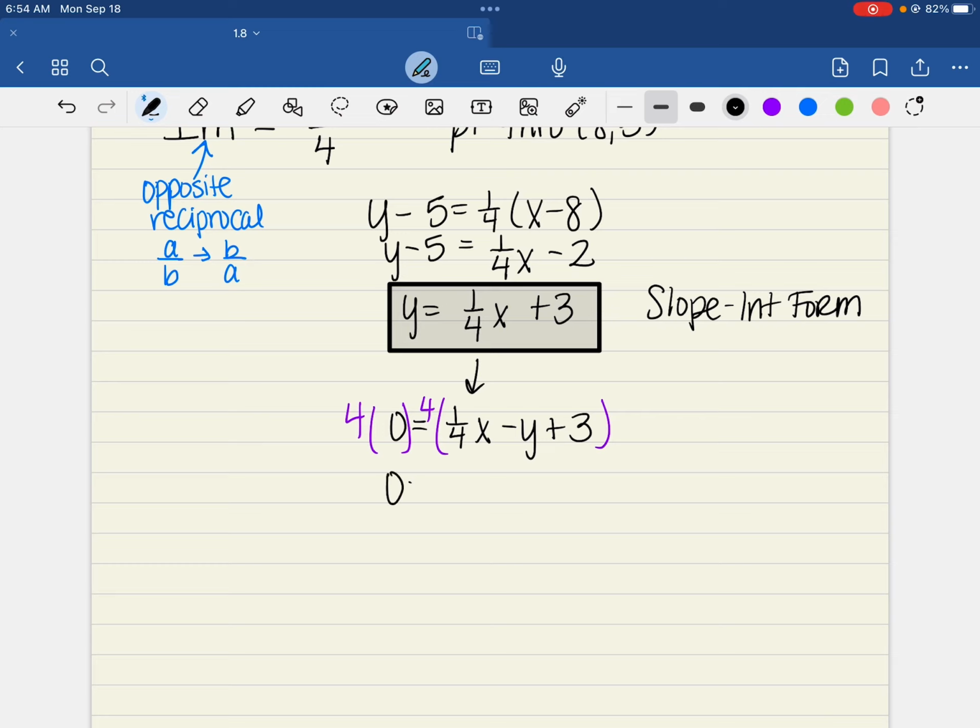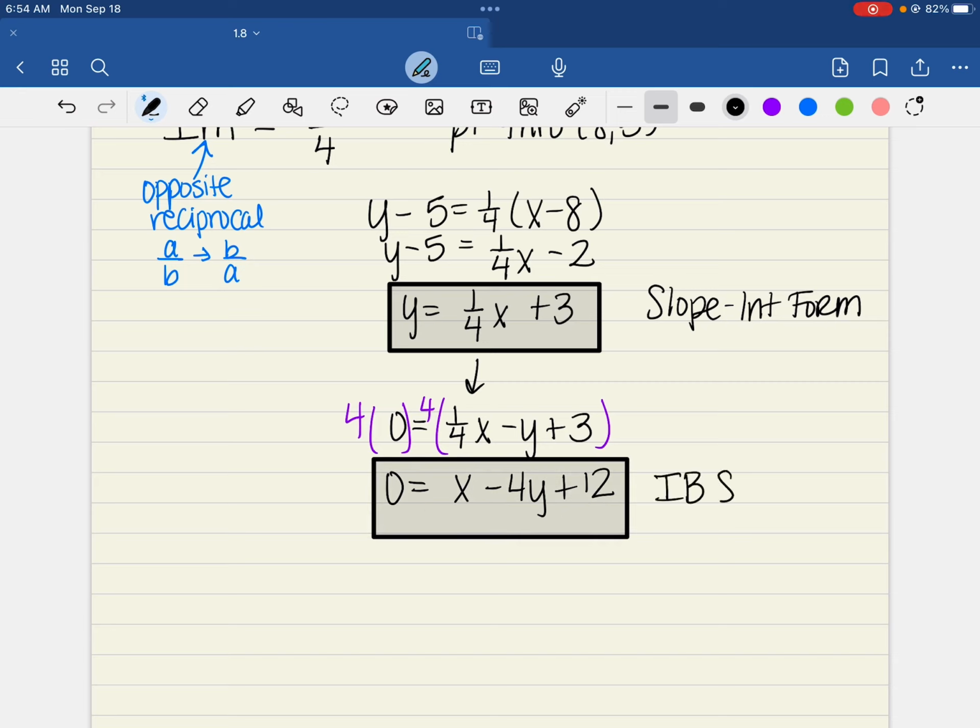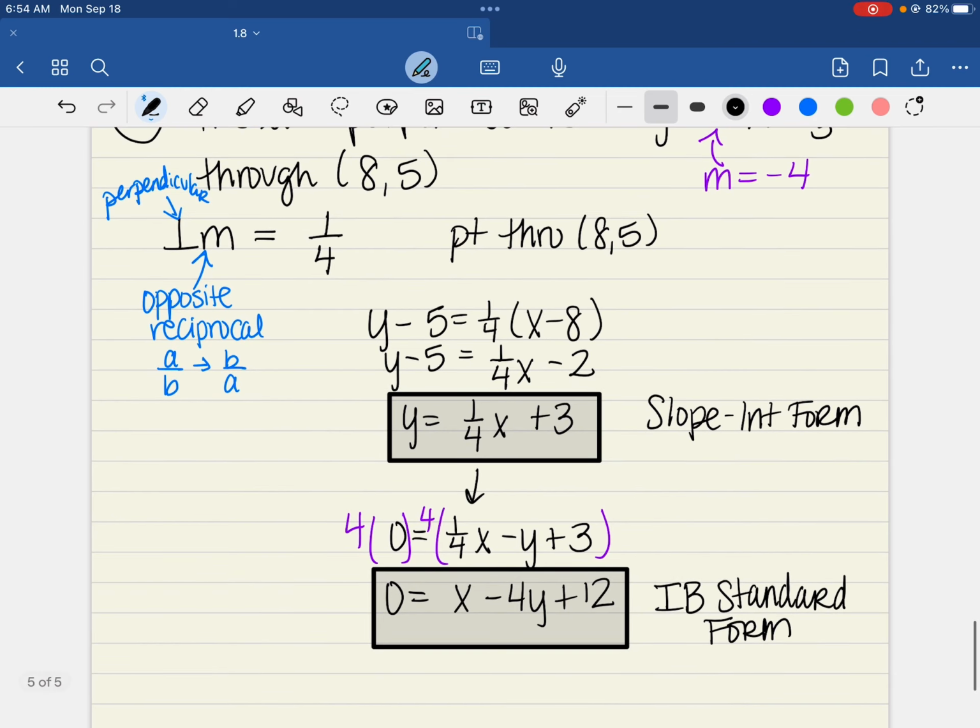So we get 0 equals x minus 4y plus 12. And there we finish with IB standard form. And hopefully that is what you got.